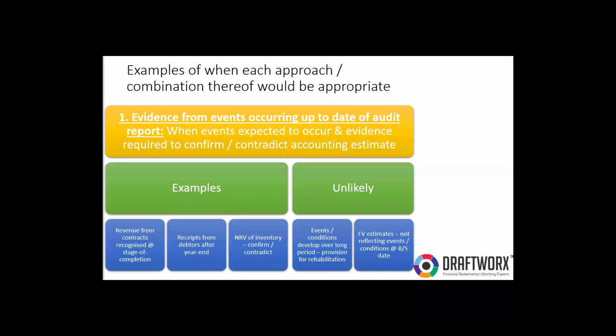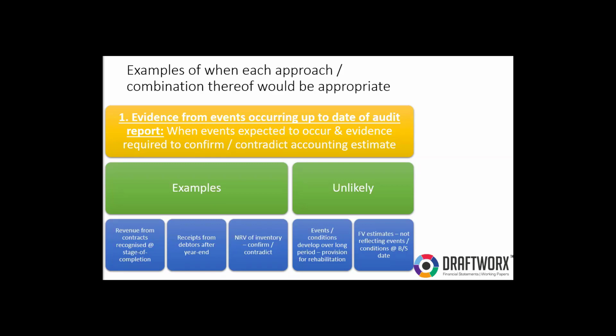And so when you expect certain events to occur after the balance sheet date, the date the estimate was made, up to the date of the audit report, so that there would be evidence available to support or contradict the estimate made at year end. All right. And there is, like I said, evidence available to confirm or contradict.